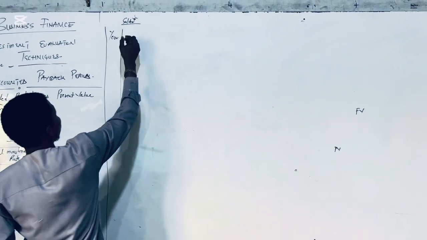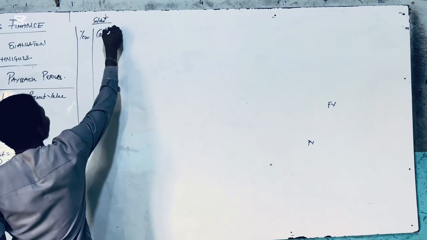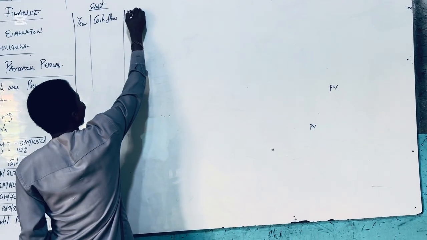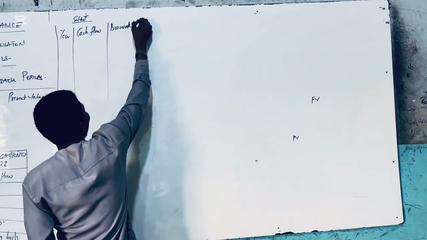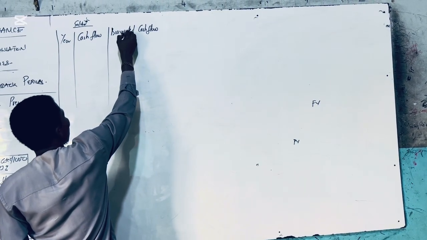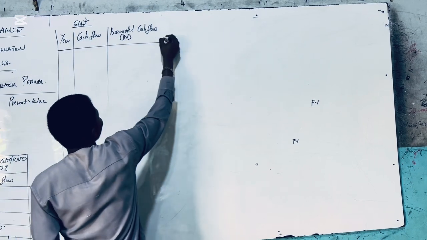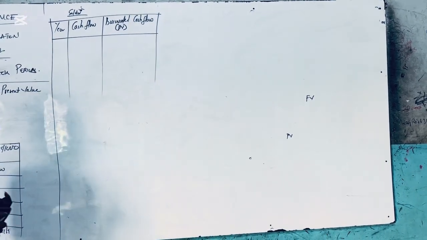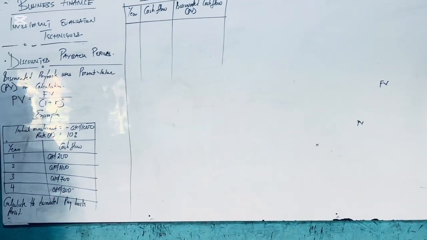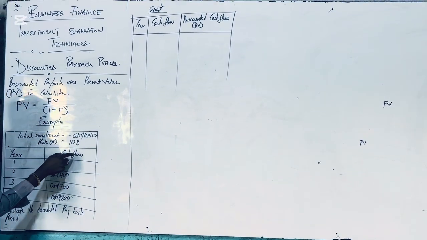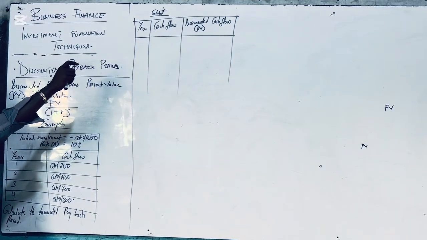So our step 1, we have our cash flow. Then we call it the discounted cash flow. That is using our present value, PV, discounted cash flow. So in a question where they provide you with a table that says discounted cash flow, you are not going to do what I'm doing here.